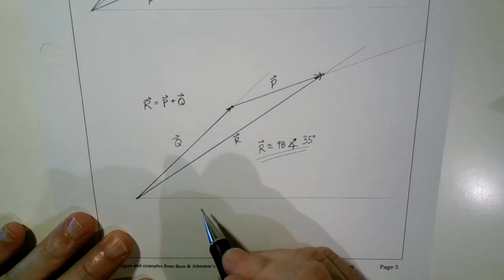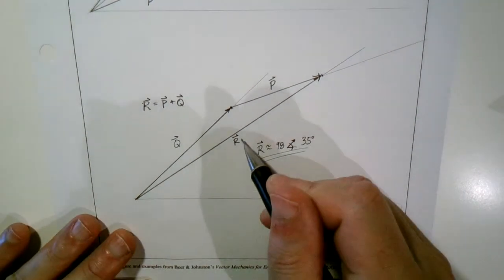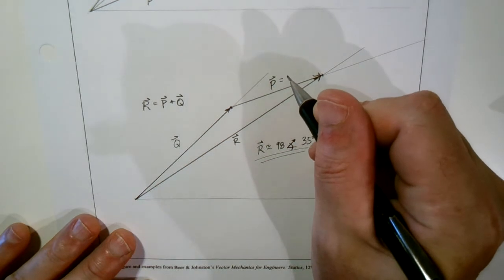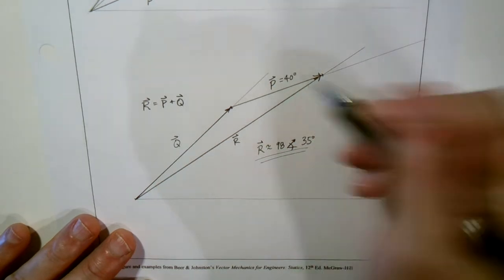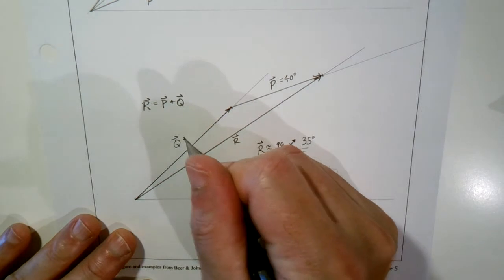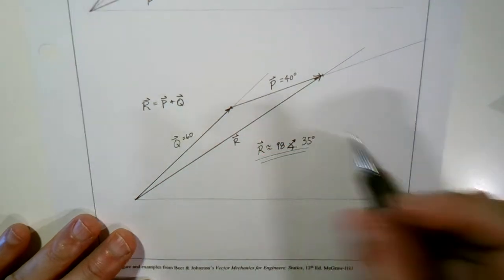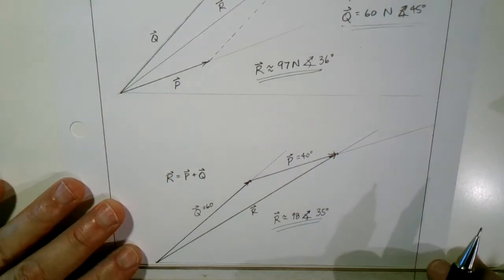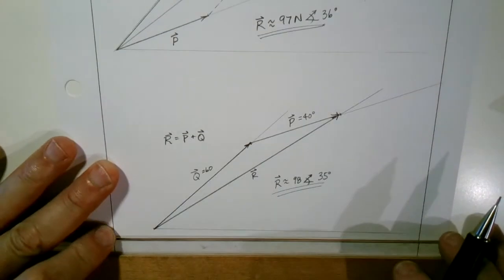So I know that this is equal to 40 degrees, and I know that this is equal to 60 degrees. And I know the angle. I wish I had left this thing taped down on one level, but let's see.